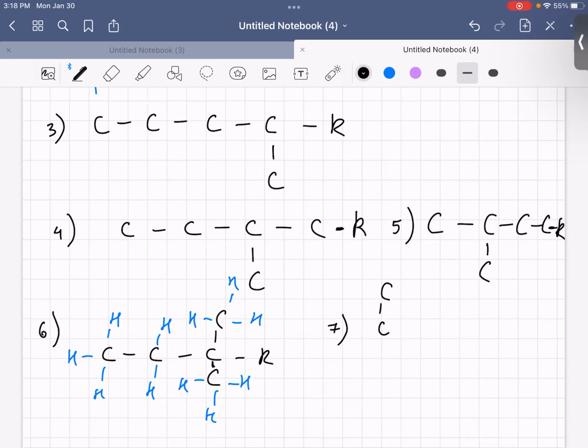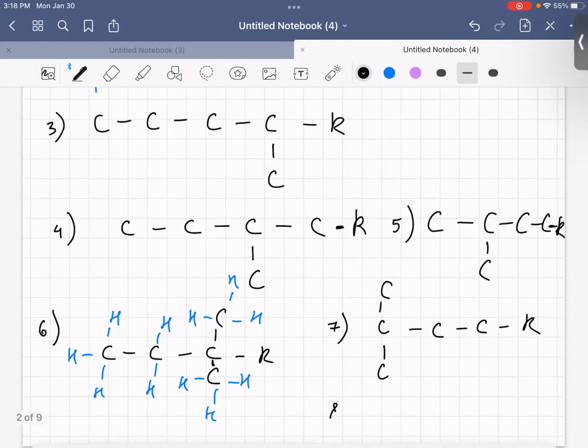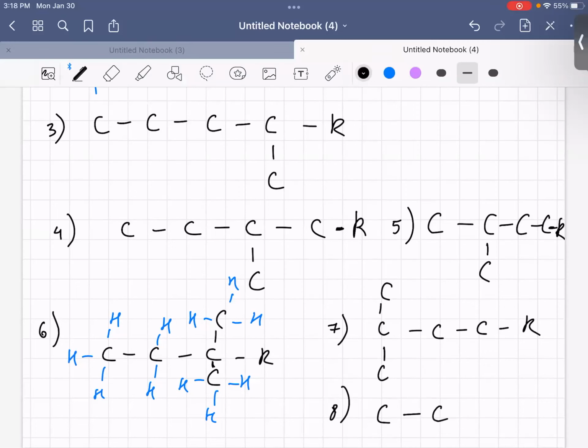So let's do it with the first. And the last one, we can do it with a third. So it's in the middle, just like that. So it's a pretty straightforward exercise. Again, you can check the hydrogens, say on this one, 1, 2, 3, 4, 5, 6, 7, 8, 9, 10, 11.